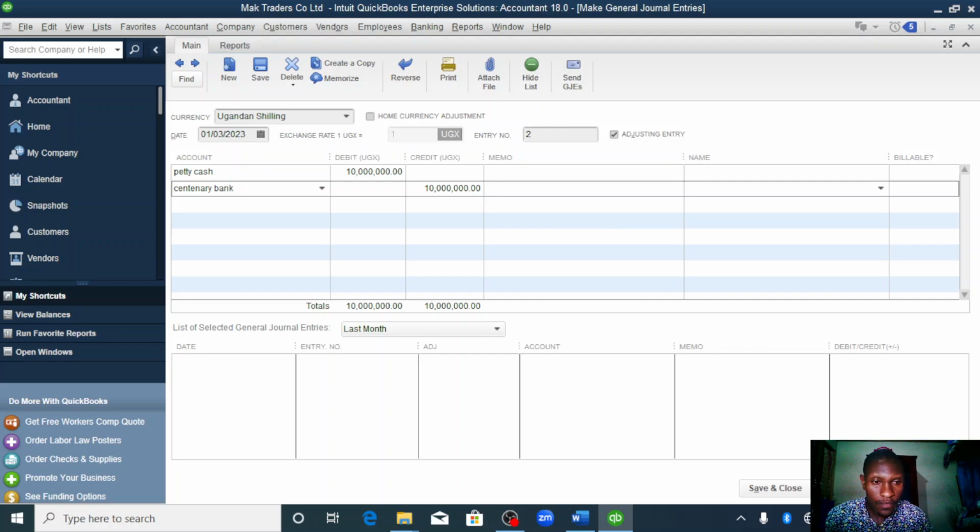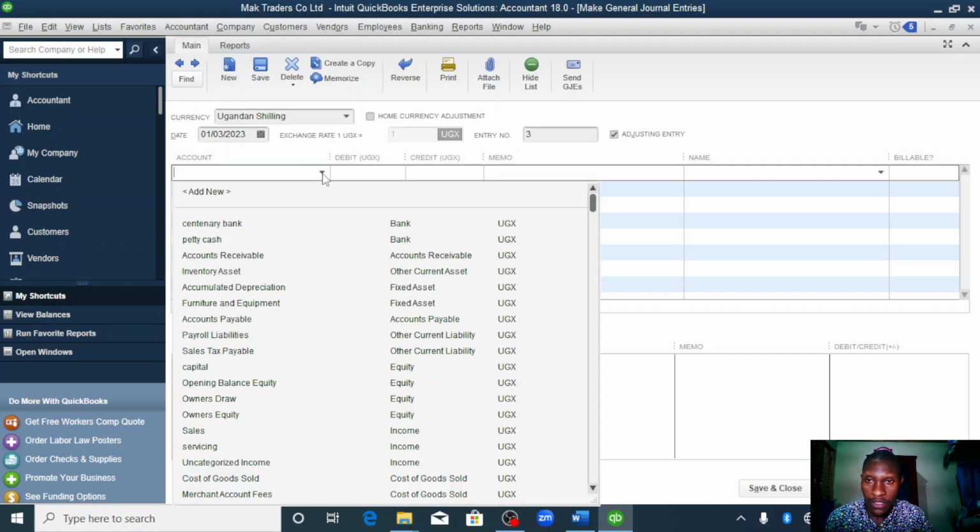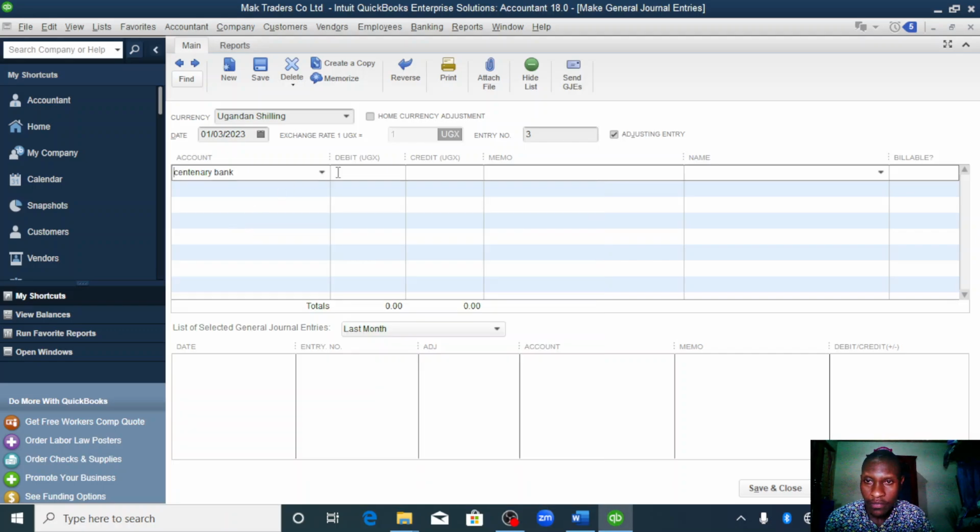Again, save and new. On the same day, which is the 3rd, another transaction: obtained a 5-year loan. So that means our bank account was debited. It was 100 millions. Then we credit it with loan.